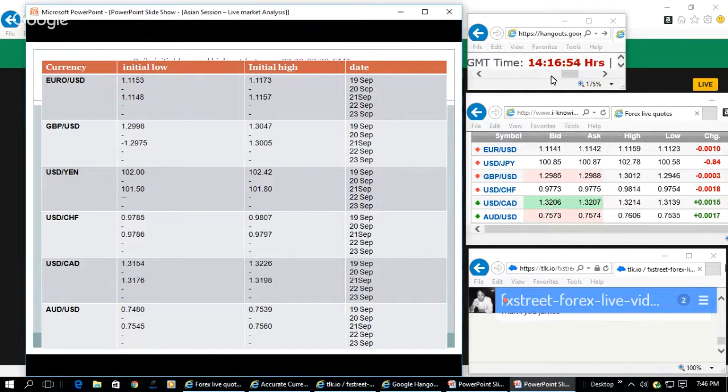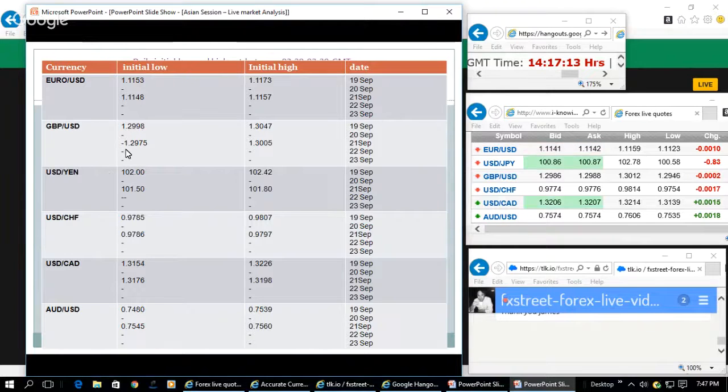Because at 13:30 the European US session starts, and if they don't breach the new low by 14 GMT, they are very unlikely to breach it. They will go above the initial low and start gaining the level.